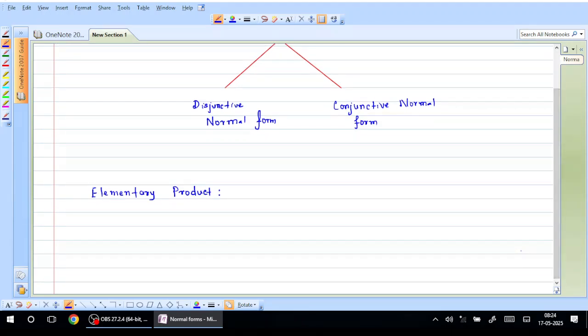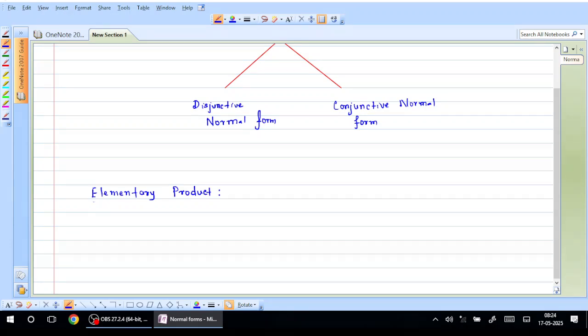When we say elementary product, what is extra apart from the product? The extra thing is that we are considering the product of the variables and their negation.